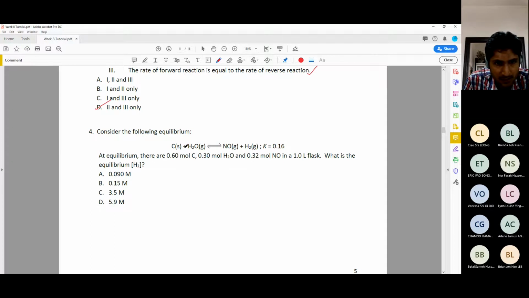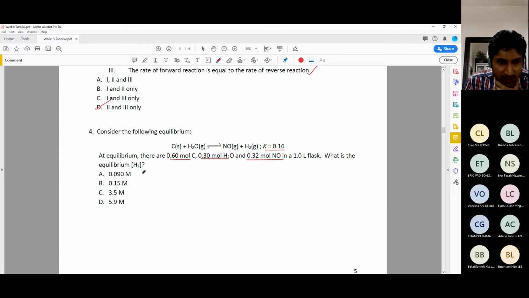Consider the following equilibrium: carbon and water, which is a gas, so it should be vapor. Carbon is solid, water vapor reacts, producing nitric oxide, NO, and hydrogen gas. The K value is 0.16. At equilibrium, there are 0.6 mole of carbon, 0.3 moles of water, and 0.32 mole of nitric oxide in a 1 liter flask.